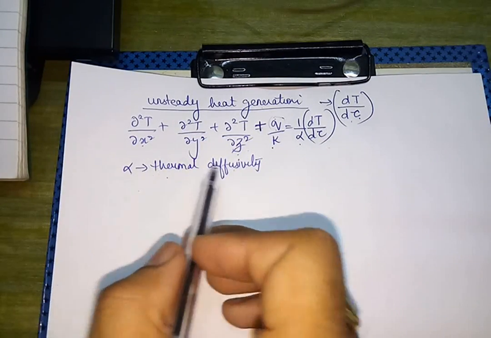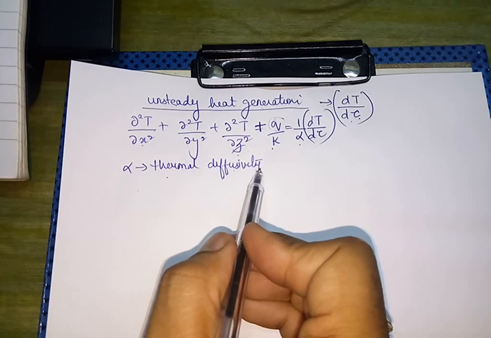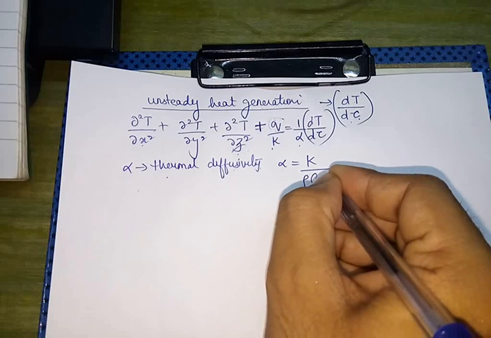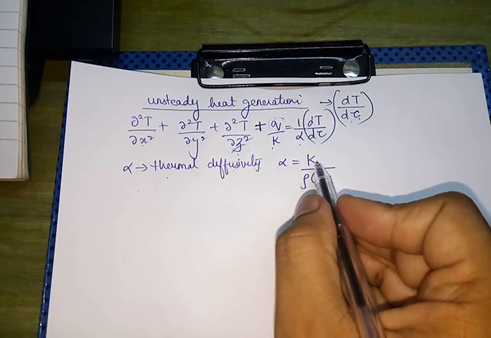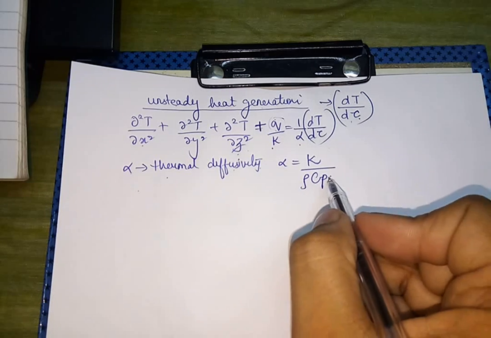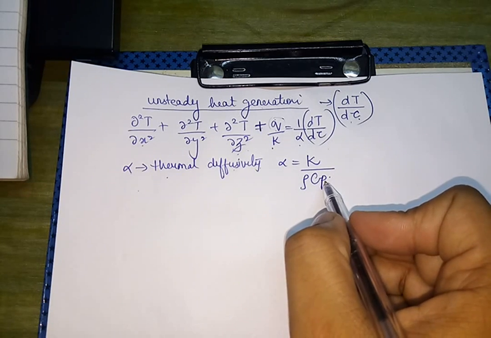Thermal diffusivity is again a thermophysical property, and alpha equals K upon rho Cp, where K is the thermal conductivity, rho is the density of the body, and Cp is the specific heat.